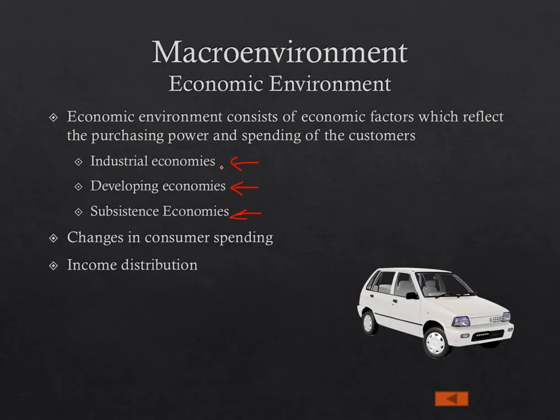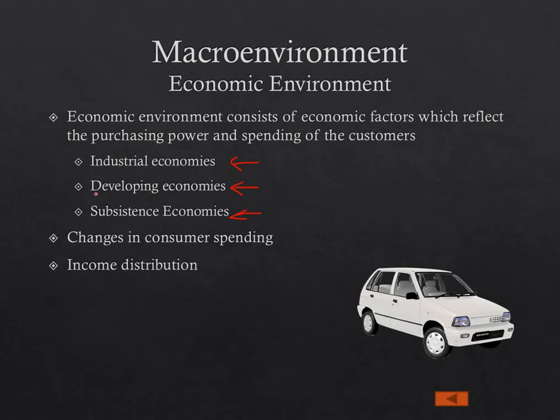So within an industrial economy, you'd generally find that people are able to spend more. Their spending power is more as compared to the developing economies and the subsistence economies, right?